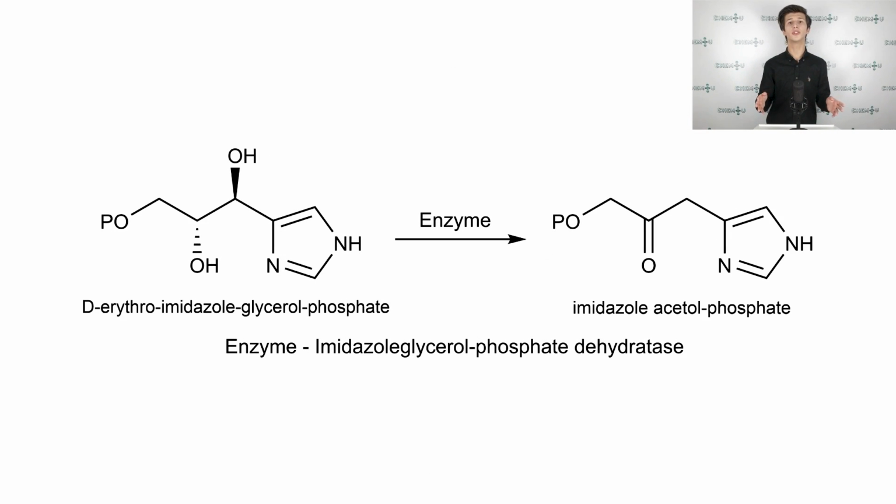It is the conversion of D-erythro-imidazole glycerol phosphate into imidazole acetol phosphate, catalyzed by the enzyme imidazole glycerol phosphate dehydratase. Phosphate is denoted as OP. From the name of the enzyme, it is obvious that it is catalyzing a dehydration reaction.